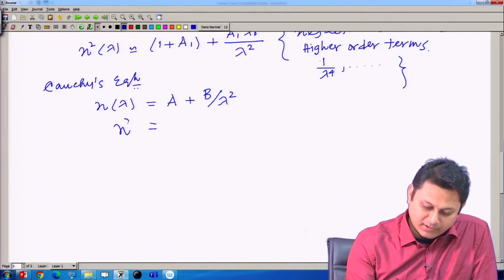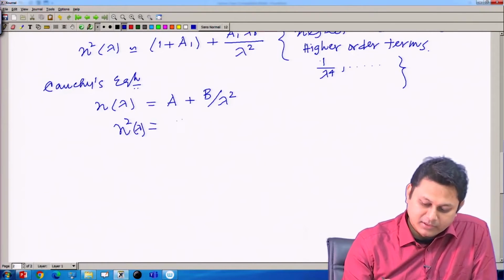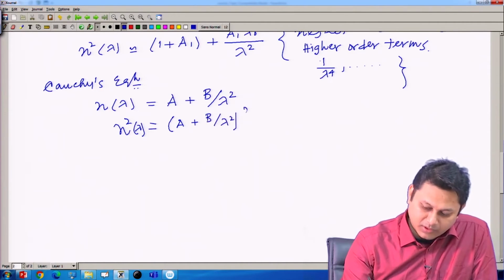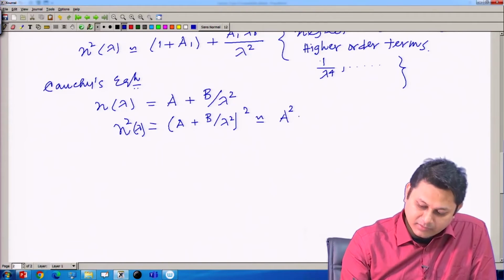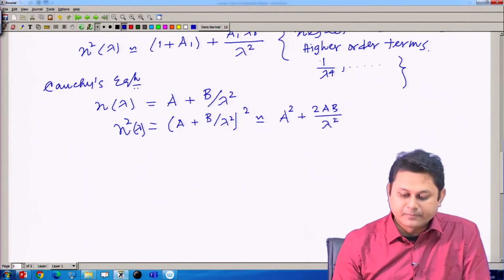If I want to find n square lambda, then it should be A plus B by lambda square, whole square, which can be approximated as A square plus 2AB divided by lambda square.